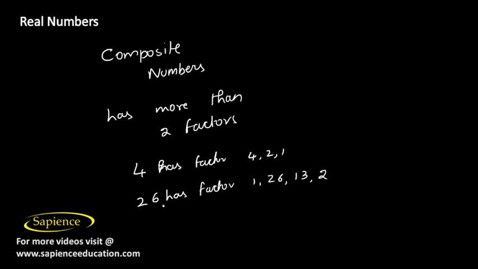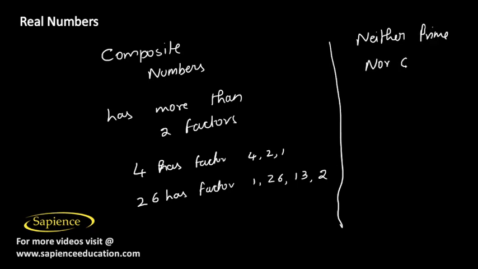So this is also a composite number. There is a special number which is neither prime nor composite, and this number is 1. Number 1 has only one factor, which is itself. Hence it is in a special category called neither prime nor composite.